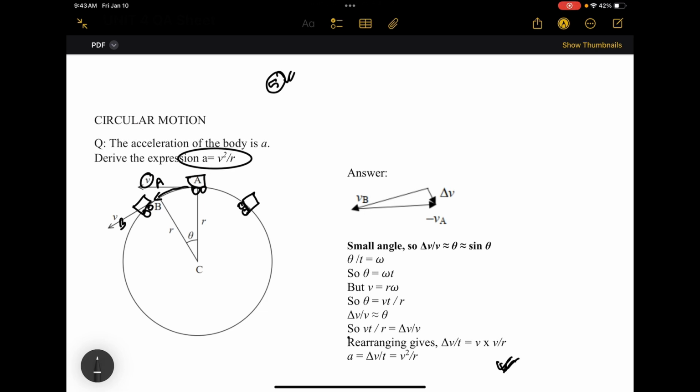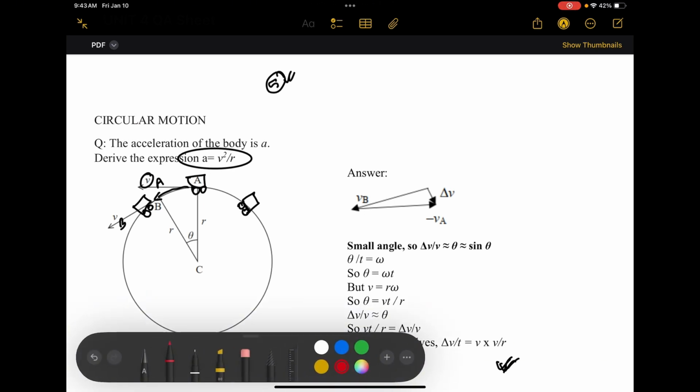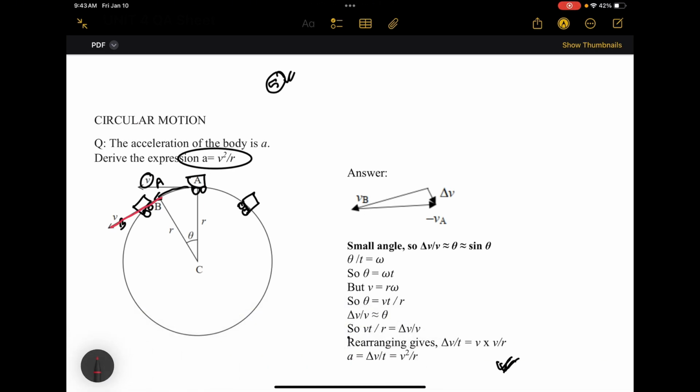So what we have done is we have taken this VB and drawn it like here. This is our VB, and this VA is totally horizontal. Between A and B the car has changed its direction. As we have taken VB as positive, we will take VA as negative because the direction of the car has changed.